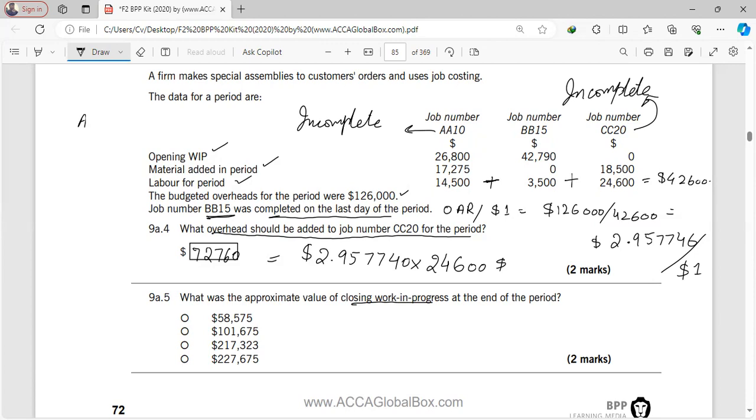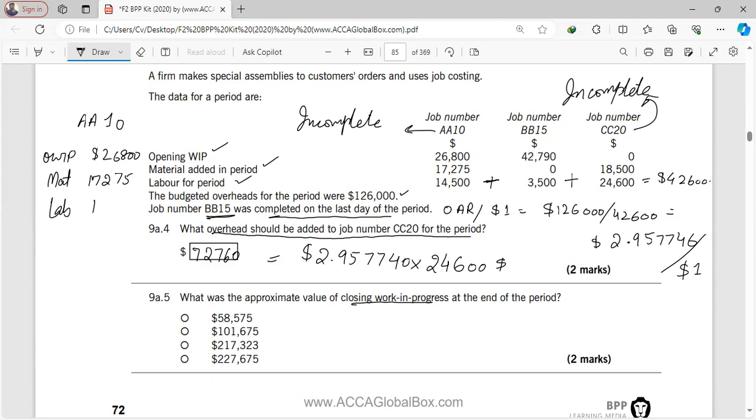AA10: opening work in progress 26,800. Material 17,275. Closing work in progress is basically total cost, so we are required to calculate the total cost for both the jobs.